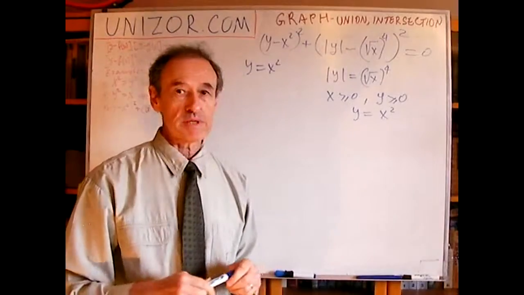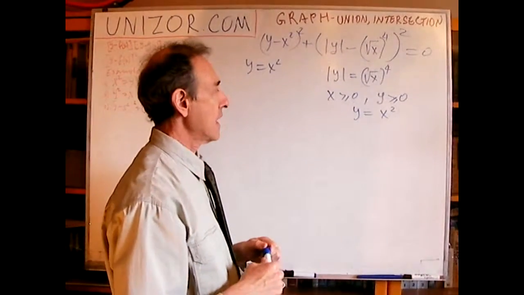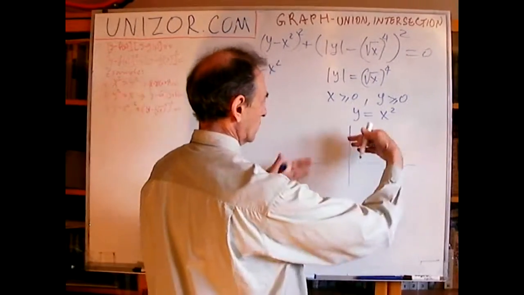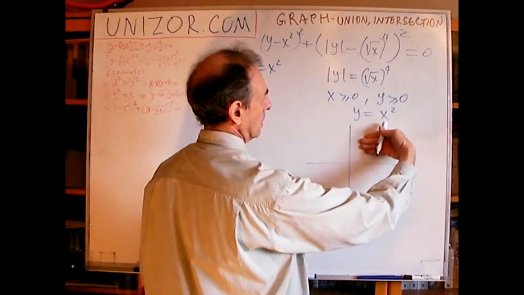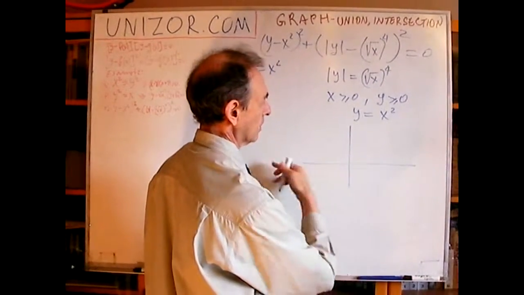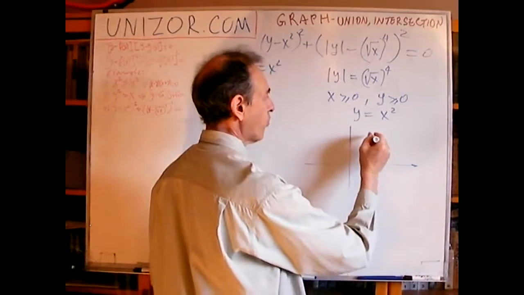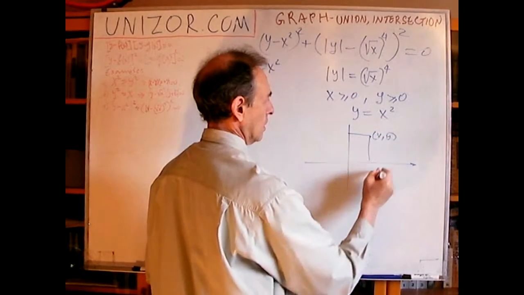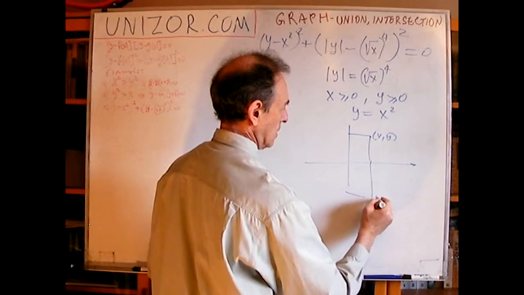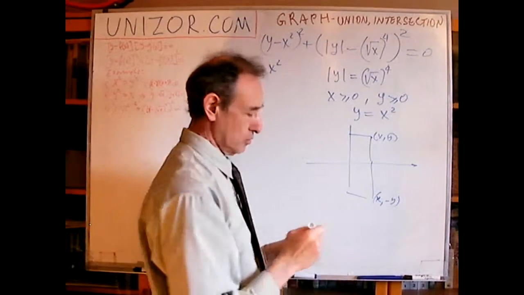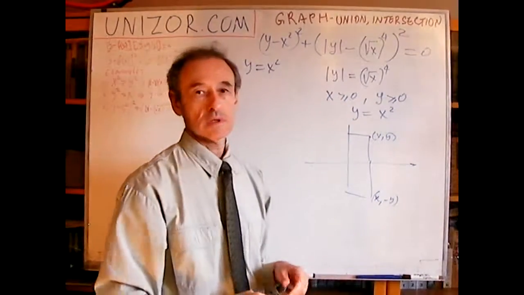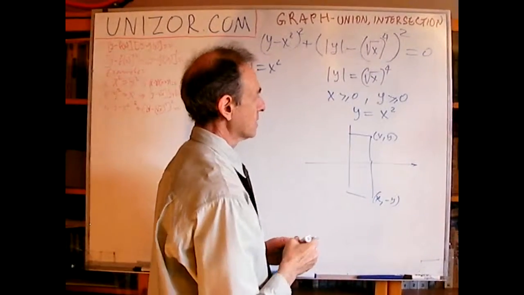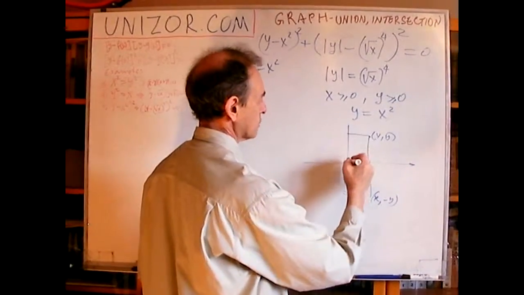Since this is an absolute value, the graph is symmetrical. Whatever is on this side would be symmetrical relative to the x-axis, because if point (x, y) belongs, then (x, minus y) also belongs, since y is always in absolute value.